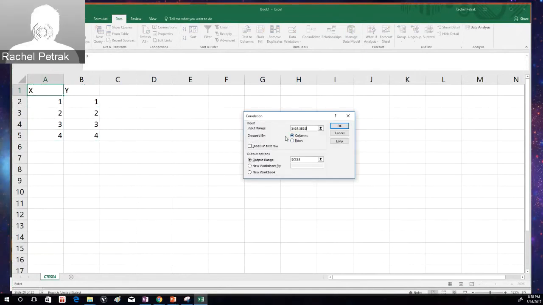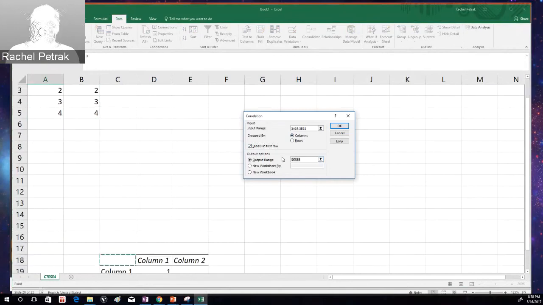The data is grouped by columns by default, and that's generally how people group data when entering it in Excel anyway, so you probably won't need to change that. You want to check the box that says labels are in the first row, because then you're telling Excel this first row has labels. And then finally, just one other step, you need to tell Excel where to output the calculations.